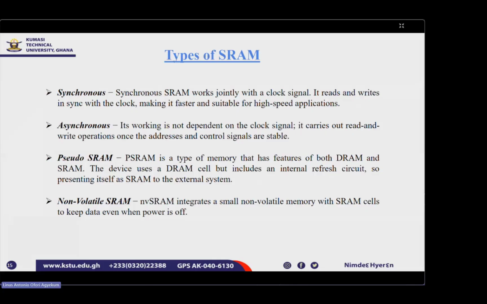Then we also have the non-volatile SRAM, which has a very small non-volatile memory with the SRAM cells to keep data even when the power is off. Originally, we know that SRAMs are volatile, but the type of SRAM that allows keeping some small data when power is off is what we term the non-volatile SRAM. Yes, Joseph.